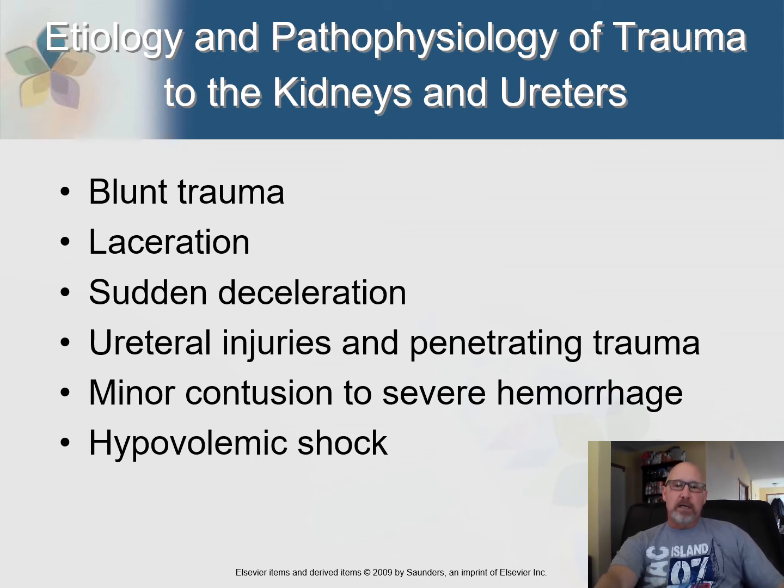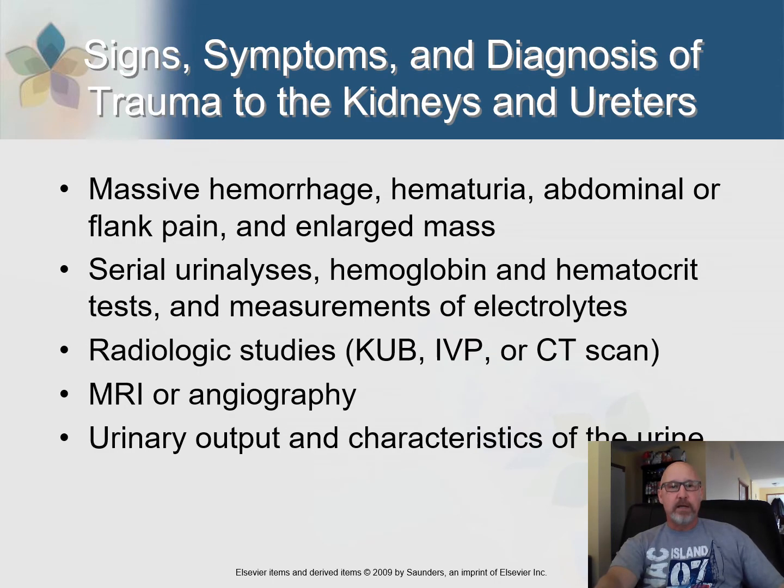All right. Penetrating trauma can occur, minor contusions, hemorrhaging, and of course it can result in that hypovolemic shock. We talked about that can result then in the flank pain if they are bleeding.